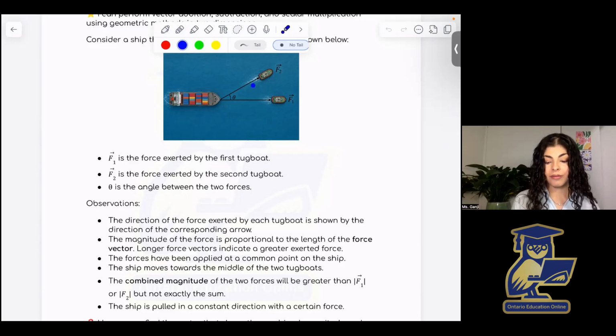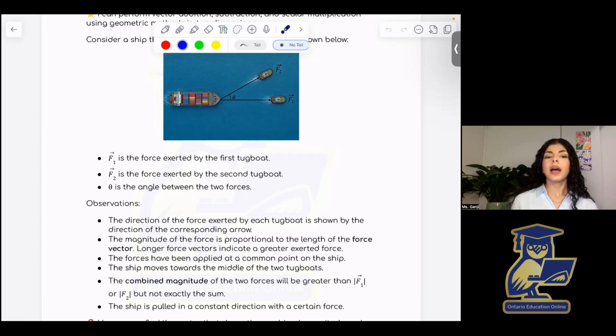However, in this case they have different directions, so we cannot just add them. That being said, we know that the combined magnitude will be greater than F1 and greater than F2, because you have two different forces pulling, but it's not going to be exactly the sum of the magnitude of F1 plus the magnitude of F2.